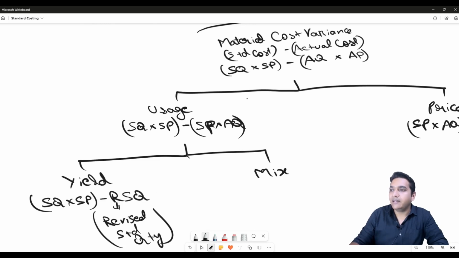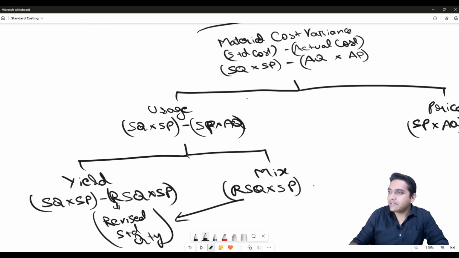Please remember that revised standard quantity times what? Standard price. Mix variance, again we have revised standard quantity, which is the same thing again, multiplied by standard price minus standard price into actual quantity.